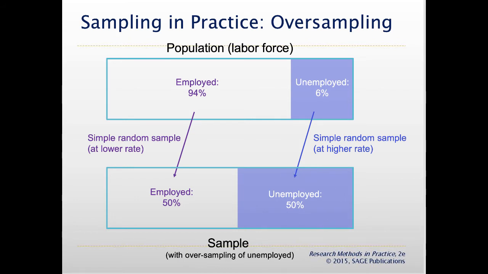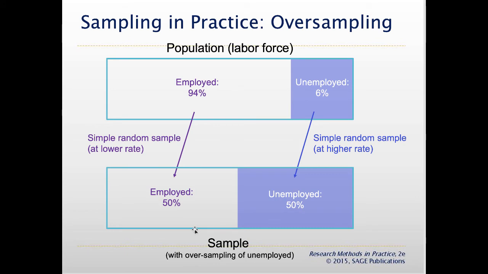Then you might decide so that half of your sample is employed and half of it is unemployed. And that's great because you can separately get precise statistics with small enough margins of error, narrow enough confidence intervals for your unemployed group as well as your employed group.